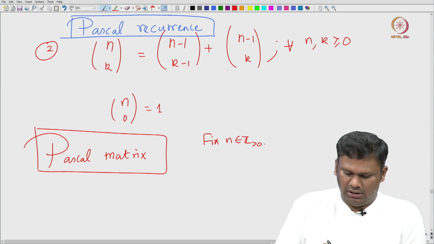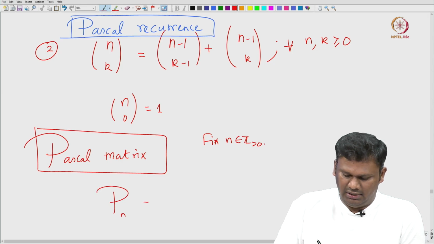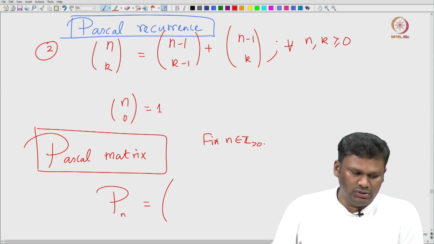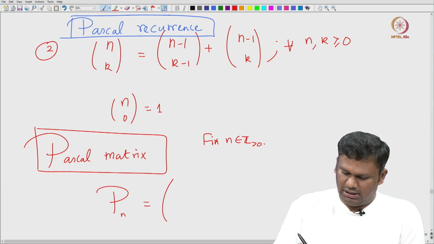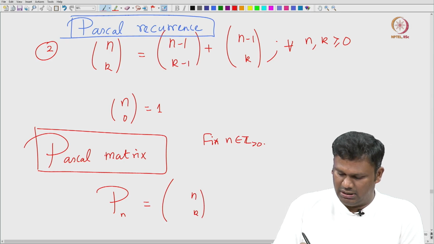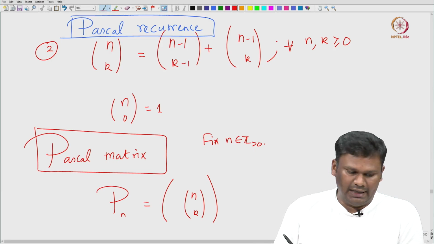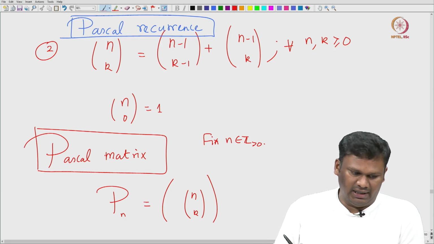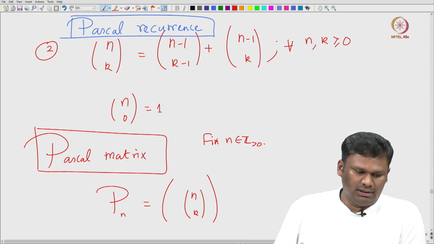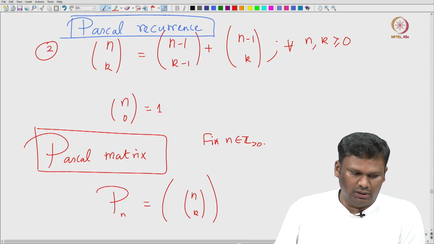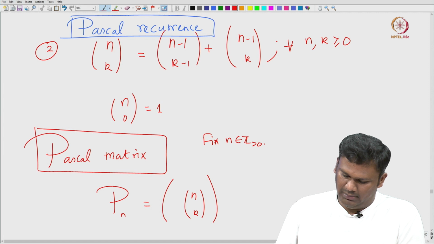Then you take this matrix P n whose entries are just the binomial coefficients n choose k. Basically it is an n plus 1 by n plus 1 matrix, where n is the row index and k is the column index.